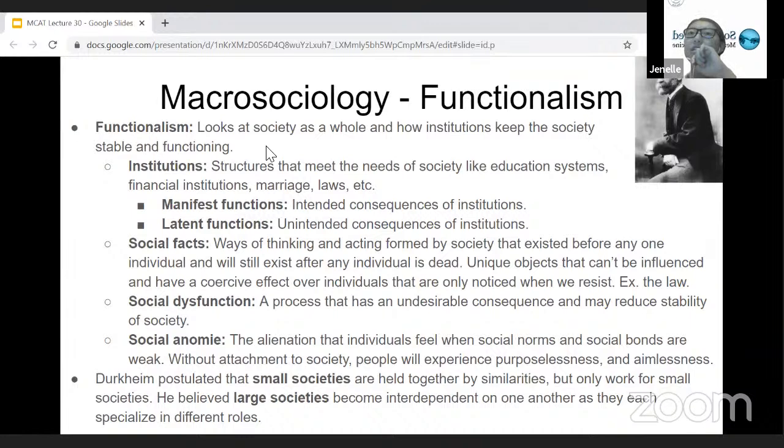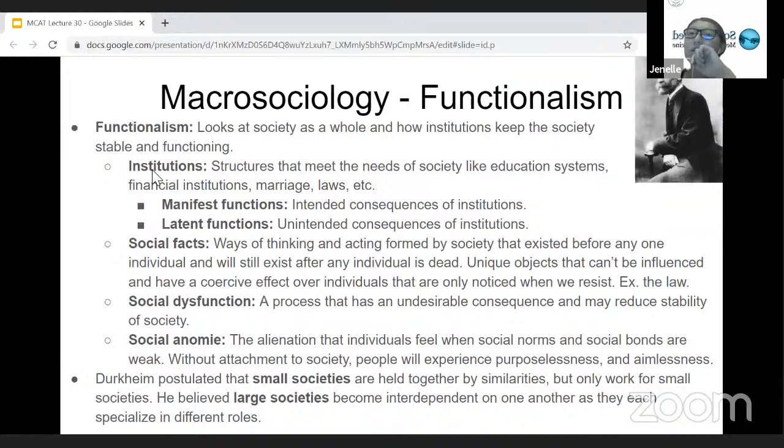He has several terms that he uses that are associated with his theory. The way he defines institutions are structures that meet the needs of society. So examples he gives are education systems, financial institutions, marriage, laws, and more like that.